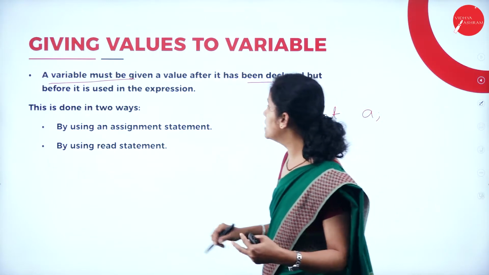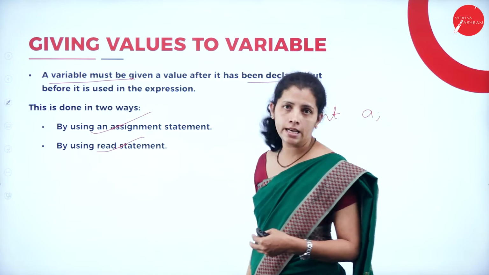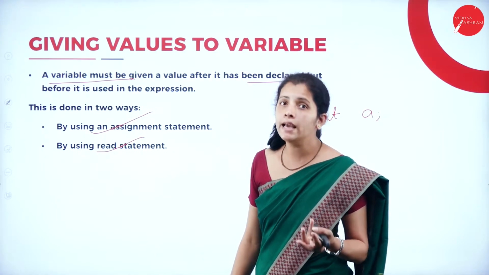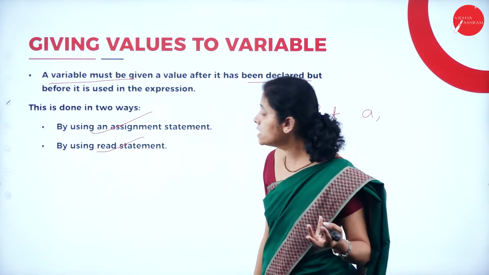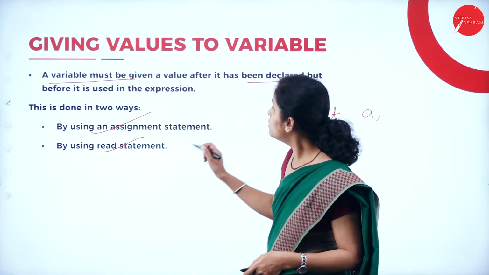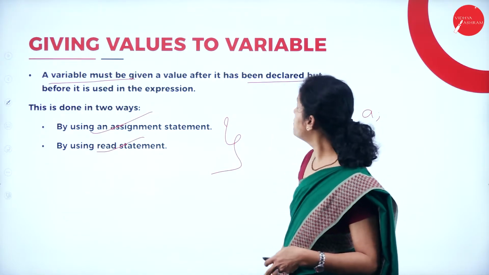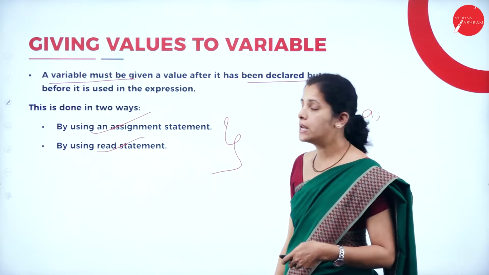That can be done by using an assignment statement as well as a read statement. That means directly assigning the value, and another way, reading from the keyboard. Now, these are the two ways used to give or specify values to the variable.